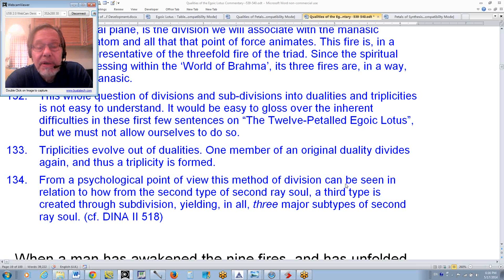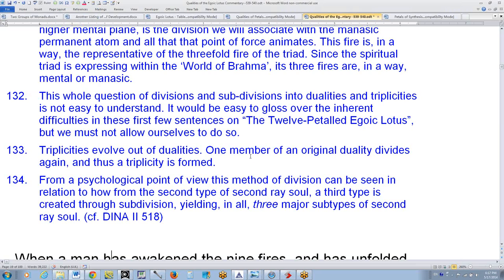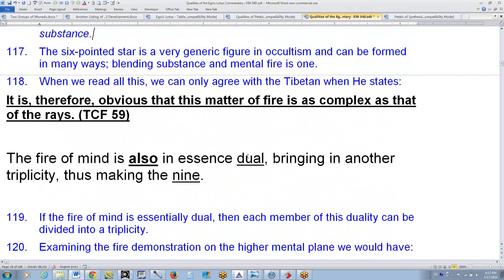And it works that way on the rays, from the psychological point of view: this method of division can be seen in how the second subtype of the second ray soul, from that, a third subtype is created through subdivision, yielding 3 major subtypes of the second ray soul and a number of others, as he says as well. So that is a little bit of a complex explanation.